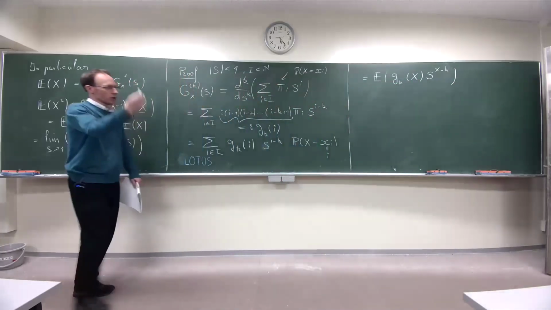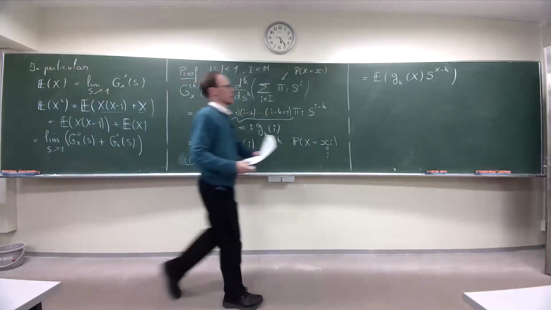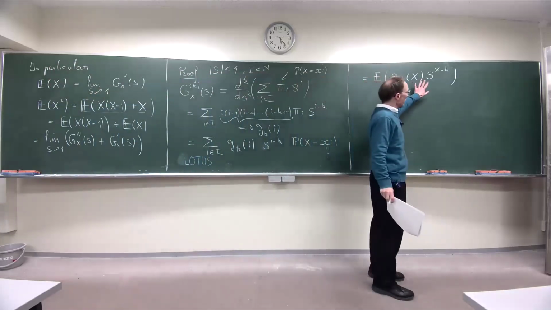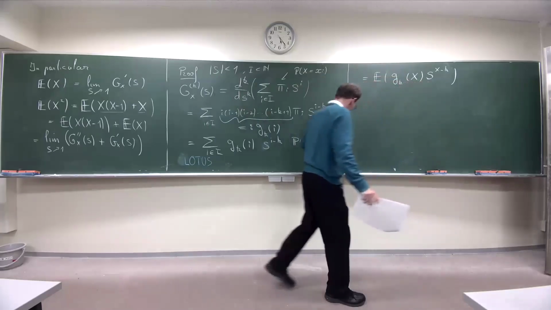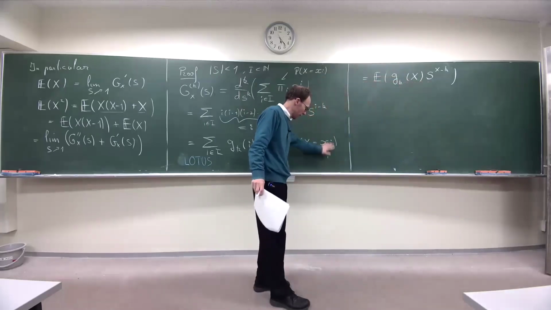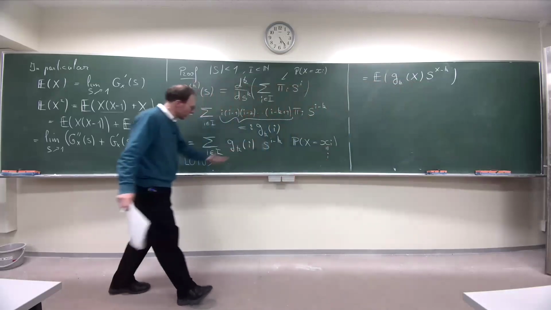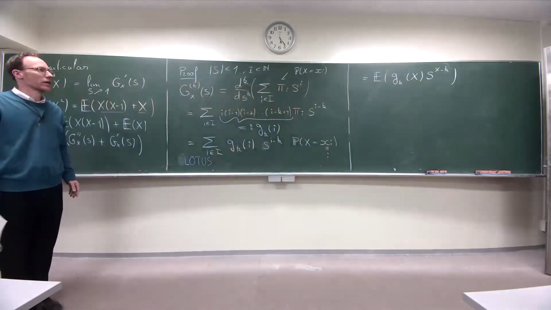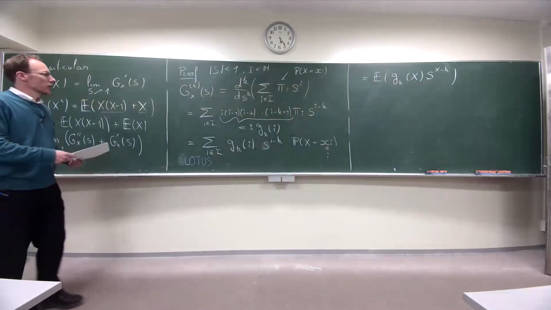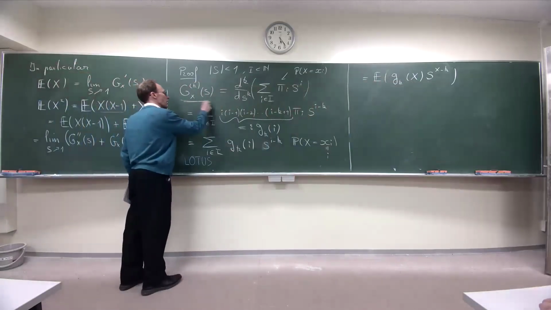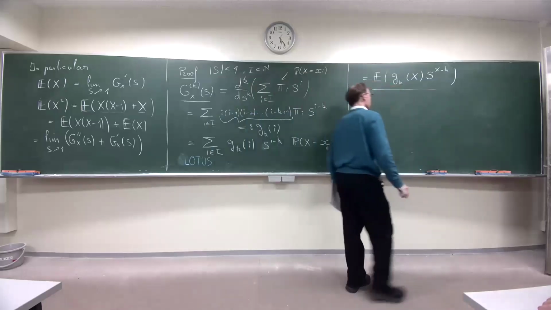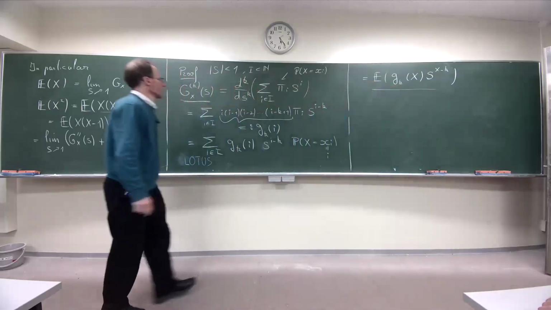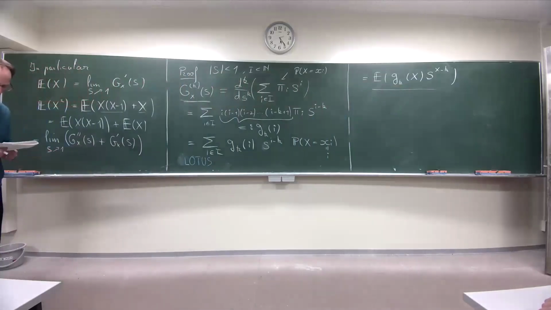If you're not sure, go in the reverse direction. Write this with Lotus, and in the special case of an integer valued random variable, you will end up with this formula. So we have obtained a formula for the k-th derivative of the probability generating function.